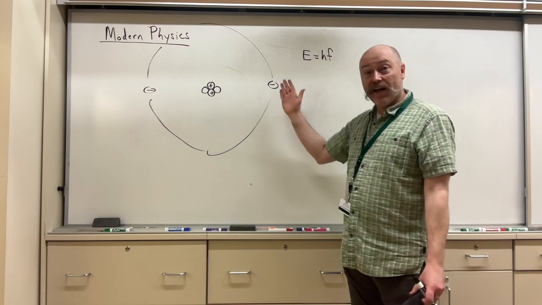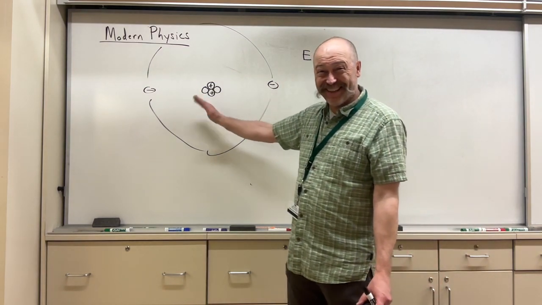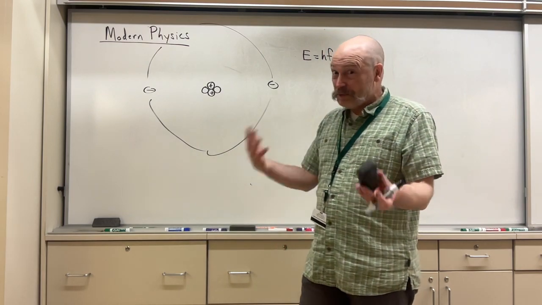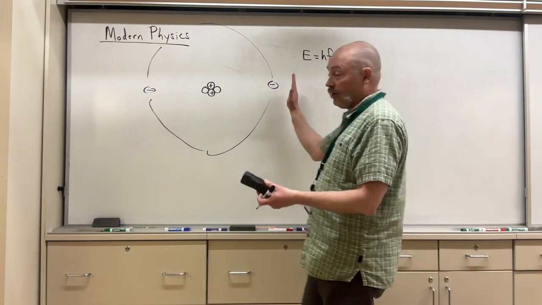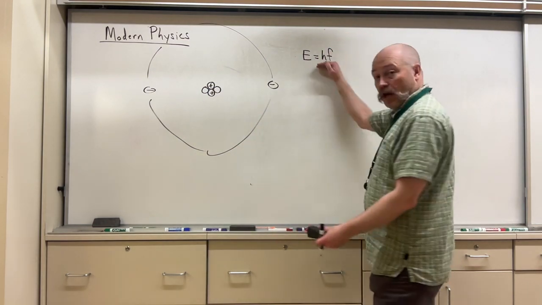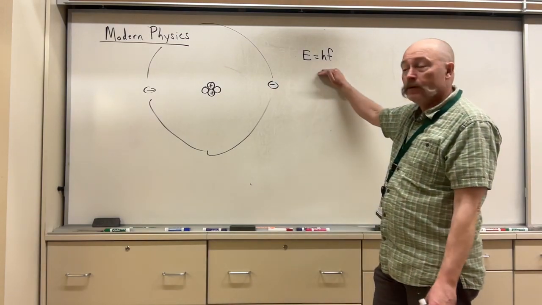If they lose energy, they're going to end up collapsing into the nucleus, and my atom is not stable. So the Rutherford model didn't really make sense. He also determined that as it falls in, it should give off all the different colors.